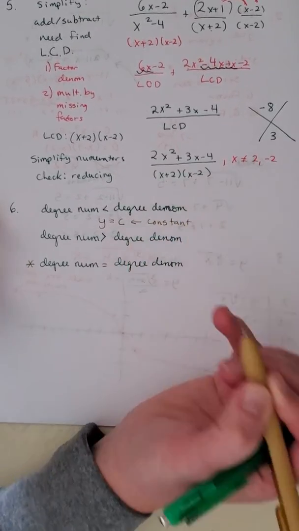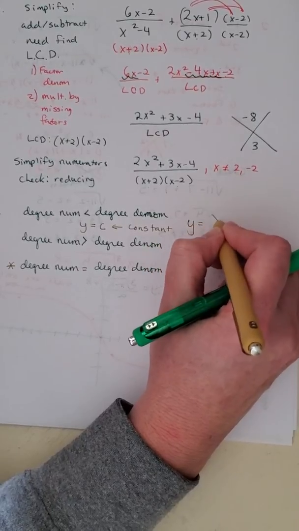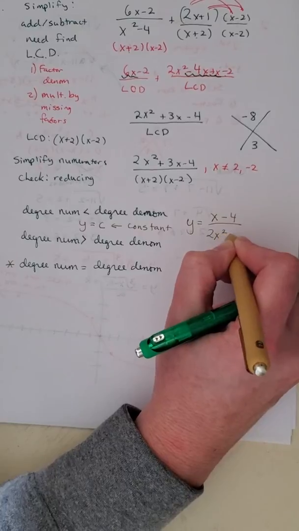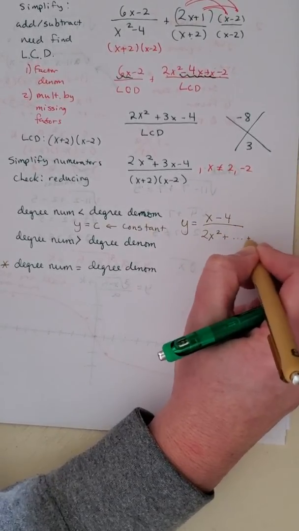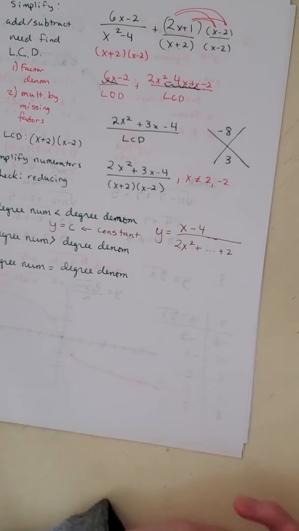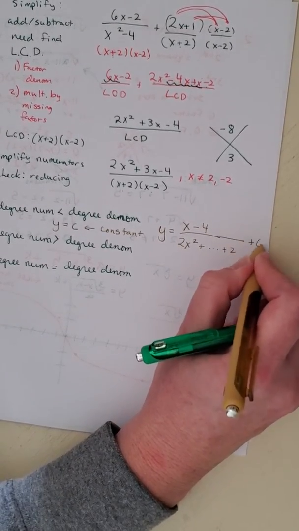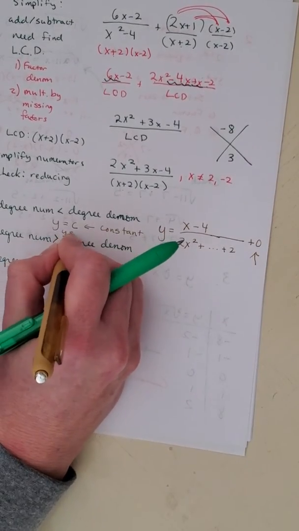So for example, in this one, if the degrees were different, like we had x minus 4 over 2x squared plus blah, blah, blah, plus 2, our constant term is actually not 2. Our constant term is right there, 0. So generally, it's y equals 0.